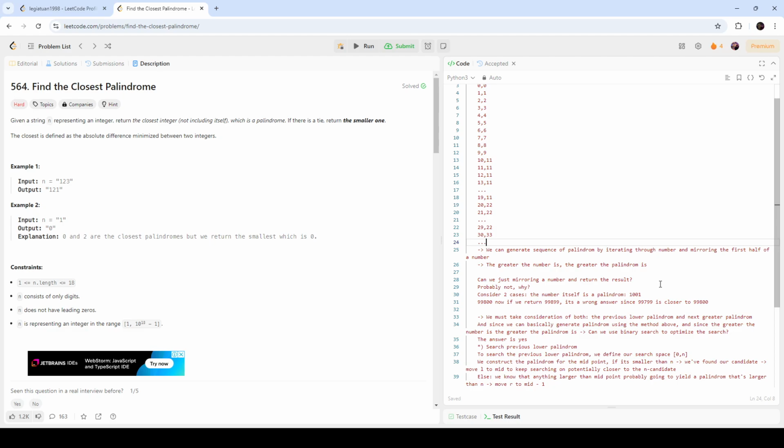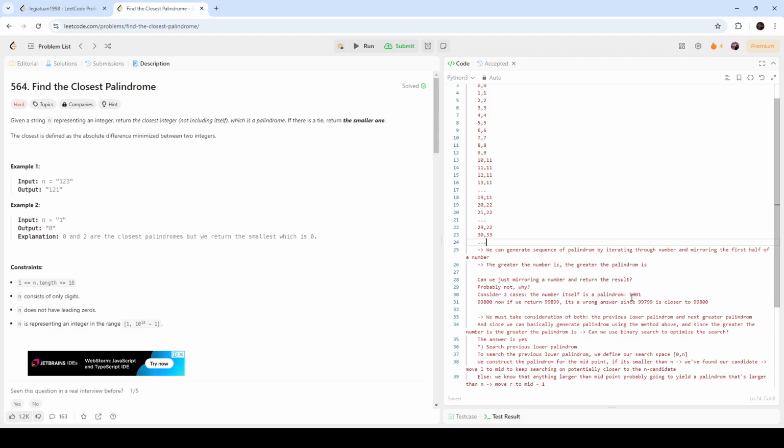Another question is, can we just mirror the number and return the result? This is a greedy method. Probably not. I also thought naively like that, but probably not. Consider these two cases.